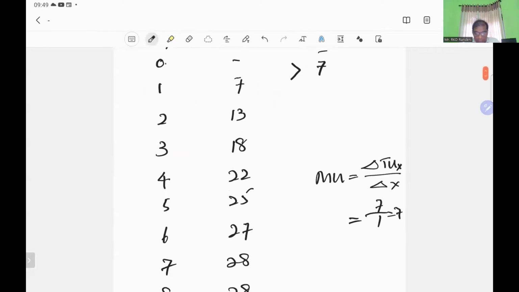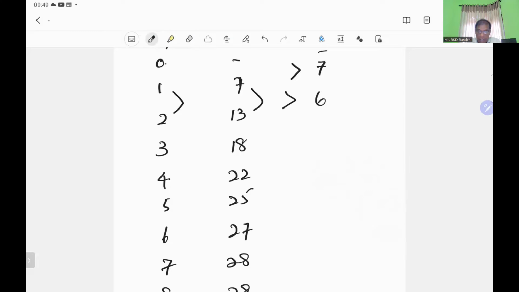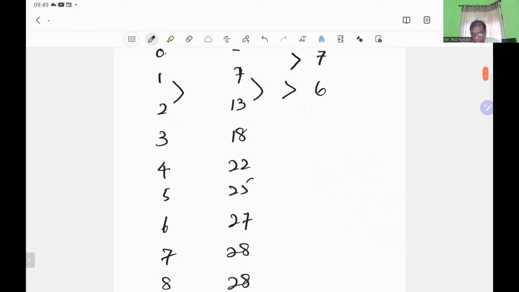Likewise, you can calculate 1 to 2. Here delta TU is 6. 6 divided by 1. That is, the answer is 6. Right. Here 2 to 3, 5.